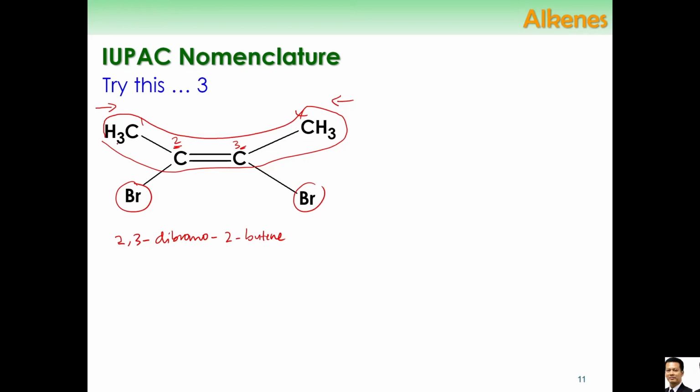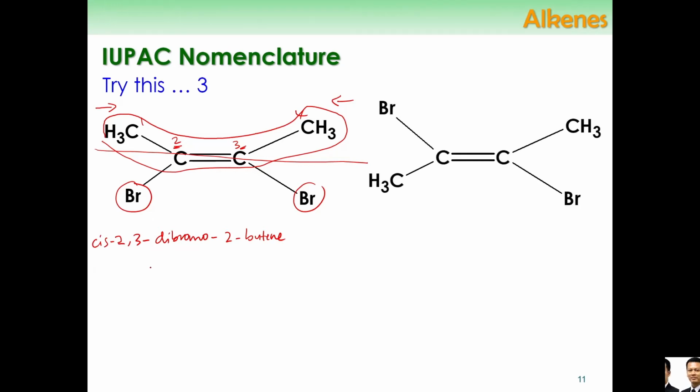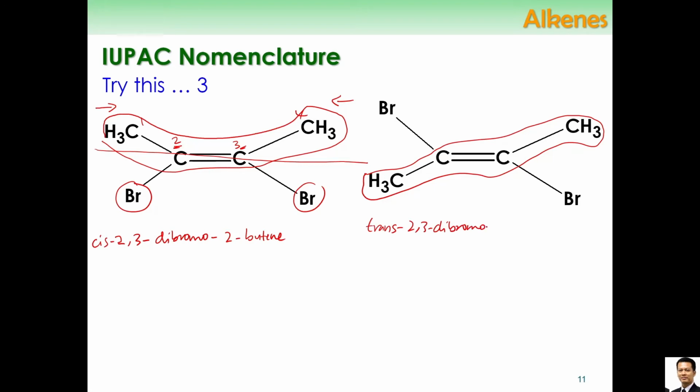Not yet, because again we are talking about cis-trans isomers. So Br and Br are on the same side. So this one is actually cis. And this one, same compound but different arrangement of atoms in space. So this is actually trans-2,3-dibromo-2-butene.